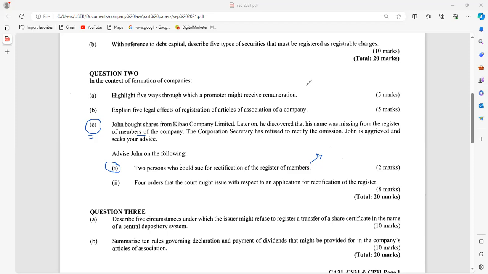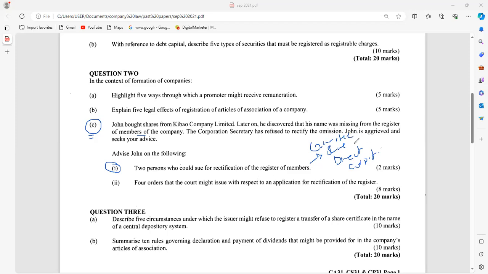Well, it's not really. I mean, it's just 2 people. 1, shareholder. 2, who else can be there? A director if their name is not there. Okay. It could be a corporation. If a company bought shares and their name isn't there, they can sue. Okay. Now, remember shareholders, guarantors.